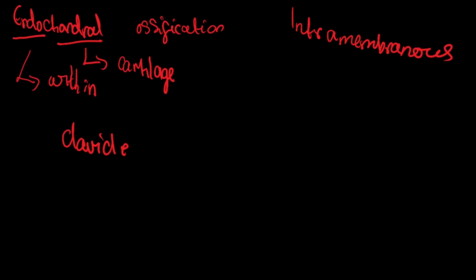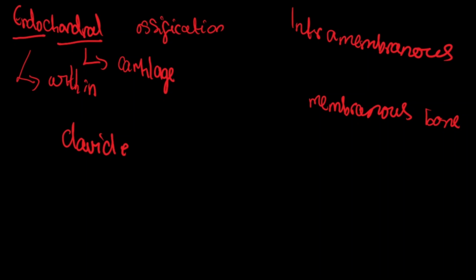It develops from this fibrous membrane, and the bone formed is called a membranous bone. It's also good to note that most of the bones formed by intramembranous ossification are flat bones.